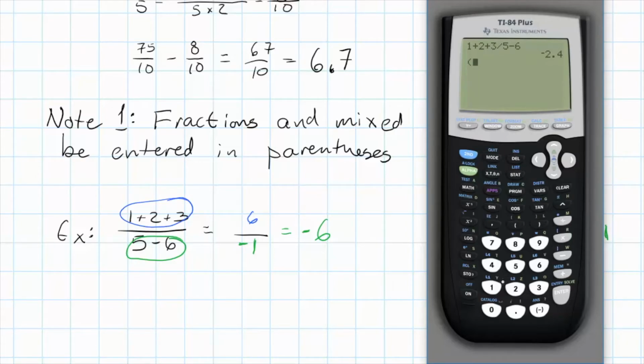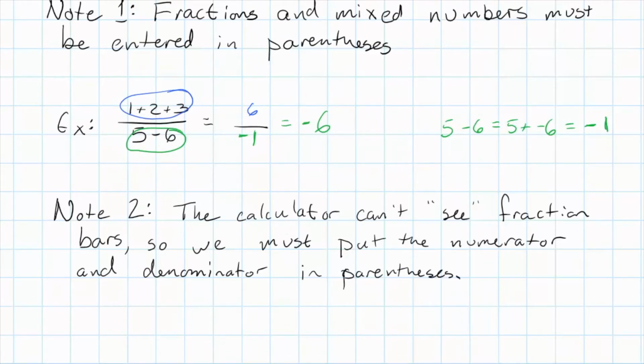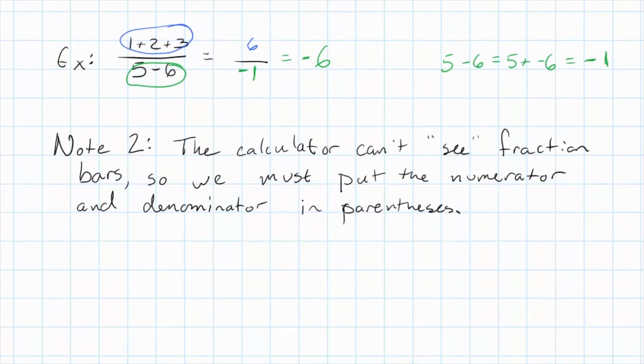I need to put the numerator in parentheses and the denominator also in parentheses. And when I do that, I get the correct answer. So whenever we're entering an expression that includes a fraction bar on the calculator, it can't tell that that slash that we just put in was meant to be a fraction bar, so we have to put the numerator and denominator in parentheses.